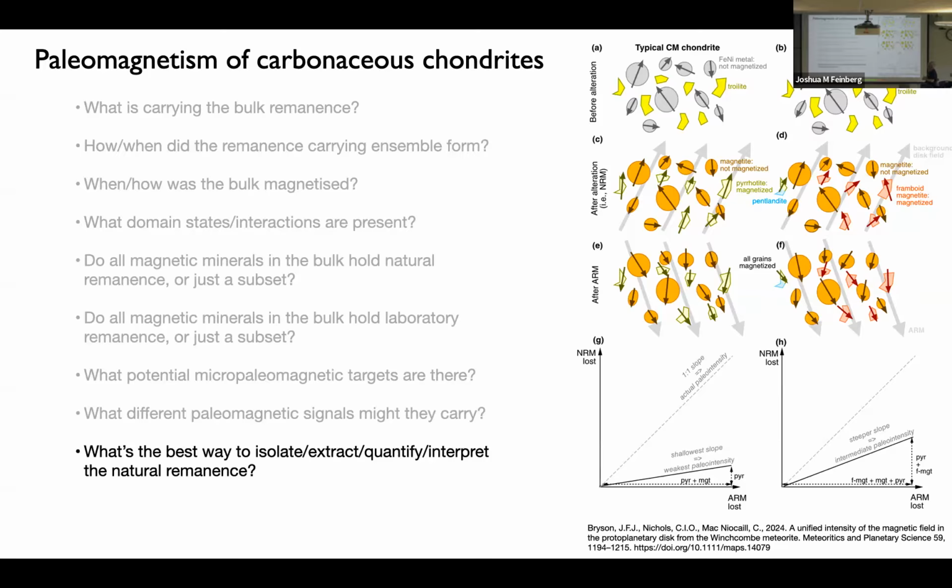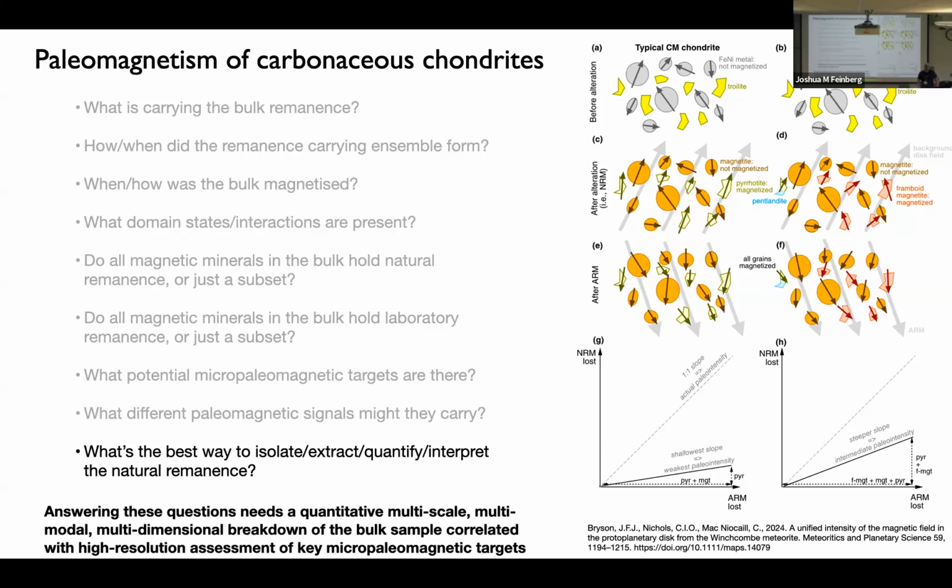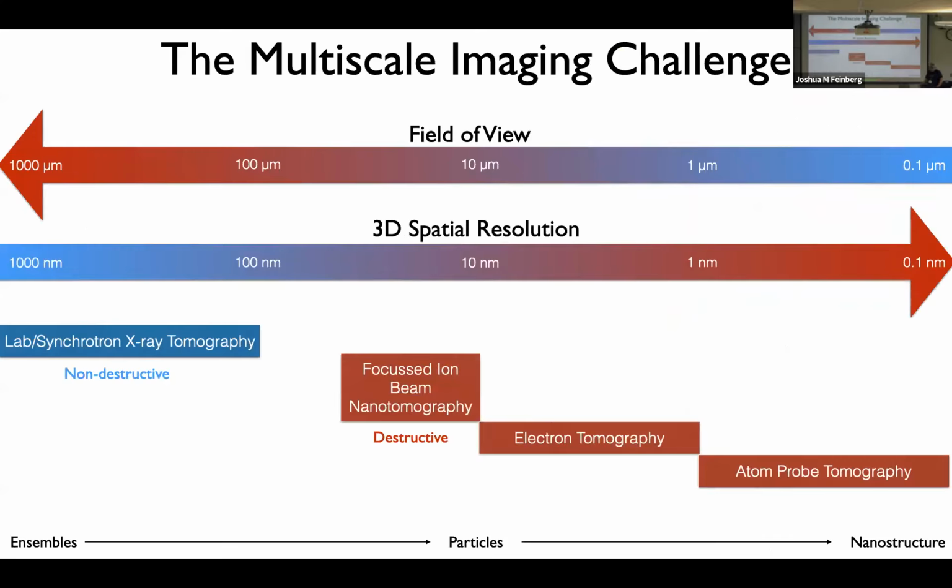How do we quantify it, etc.? So this is a very long-winded way of saying that we really care about what's in our rock, both at the bulk scale, if we want to interpret bulk paleomagnetism, but also at the very fine scale. We need to know everything from individual particles and their properties all the way to the bulk level, and that's the challenge.